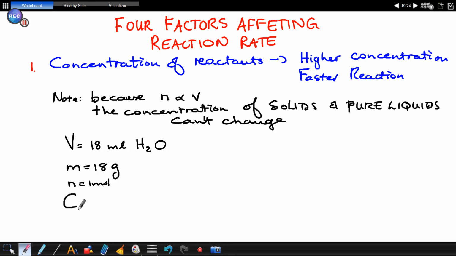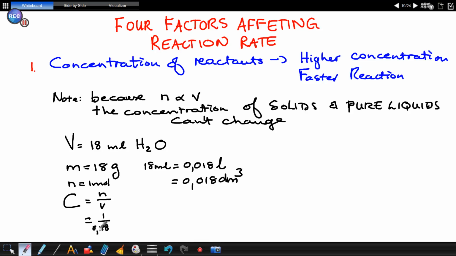So what is the concentration of the water? It will be the moles divided by the volume, which is 1 divided by 18. 18 is the milliliters. So what is the liter, or the cubic decimeters? So 18 milliliters is 0.018 liters. So it is 0.018 cubic decimeters.